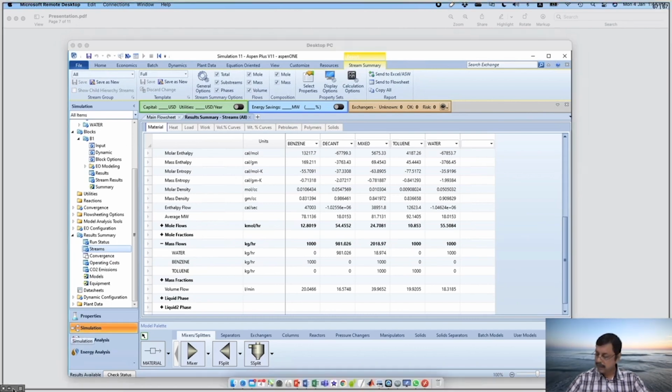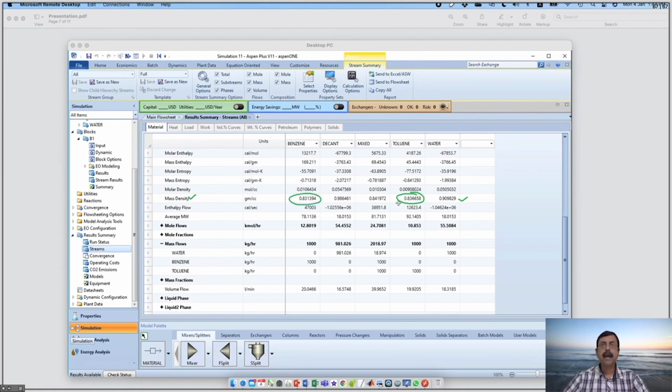You can check the density of water at 1 bar and 80 degrees centigrade, it is 0.9, whereas toluene and benzene are both 0.83.